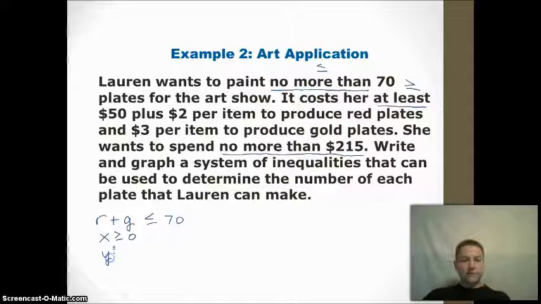X is greater than or equal to 0, y is greater than or equal to 0. What that means basically, we're in the first quadrant. Okay? Here's another one. We're making no more than 70 plates. Your other one has all your money in it. No more than $215. Okay?